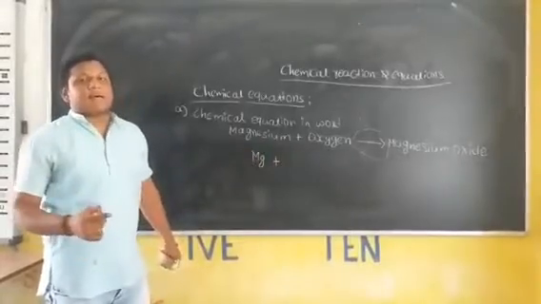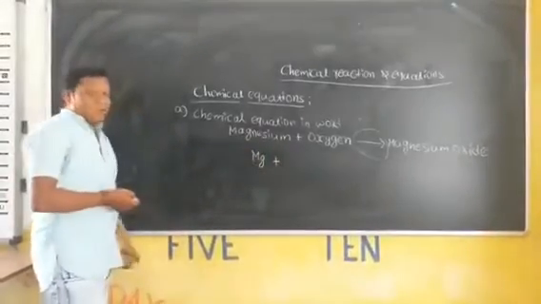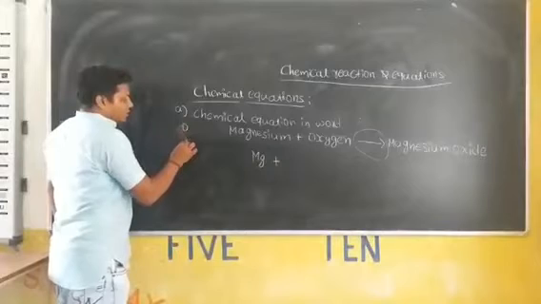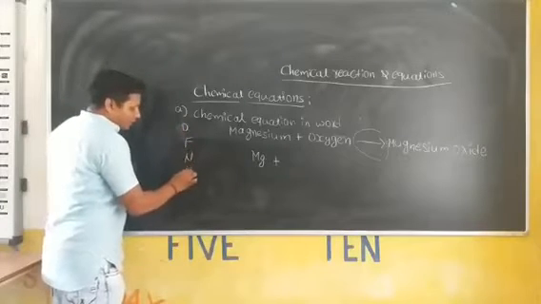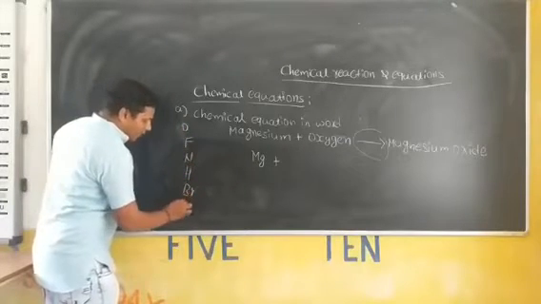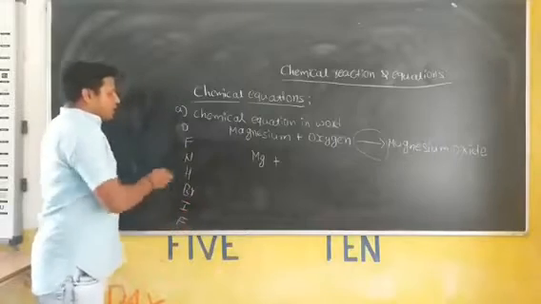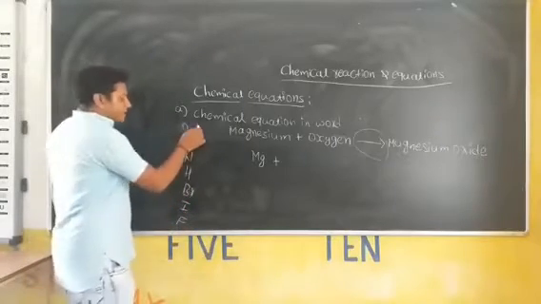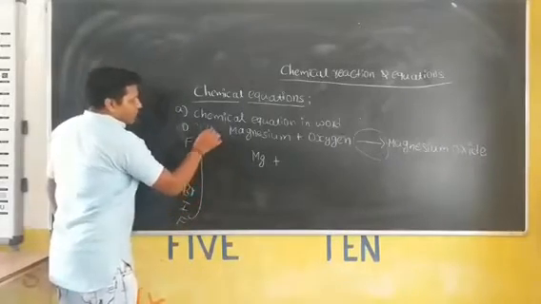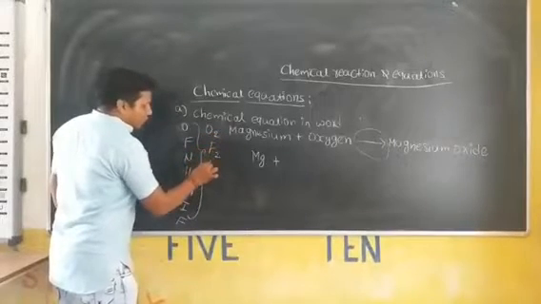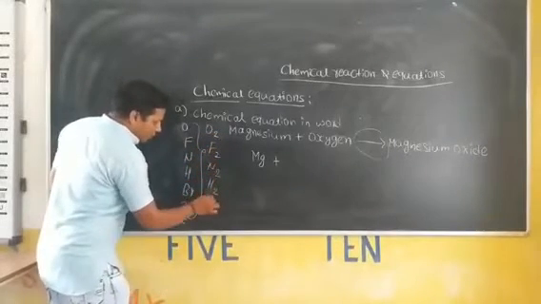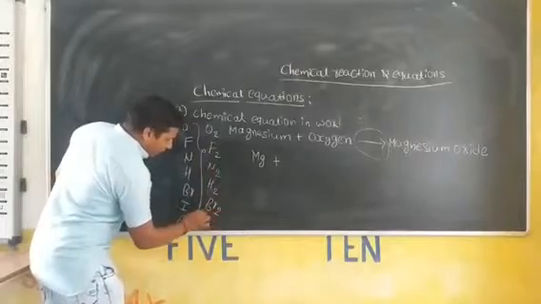In the last class I explained that some atoms, oxygen, fluorine, nitrogen, hydrogen, bromine, iodine, these all should be present in such a form, that is O2, F2, N2, H2, Br2, I2.